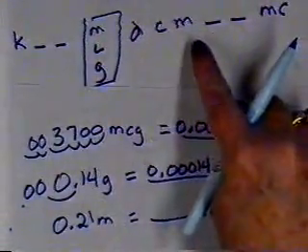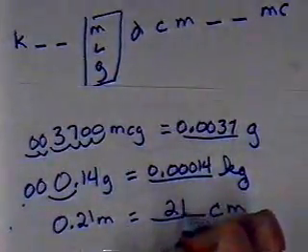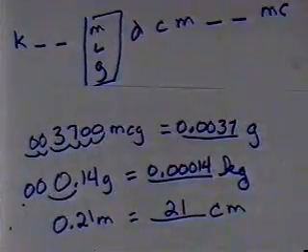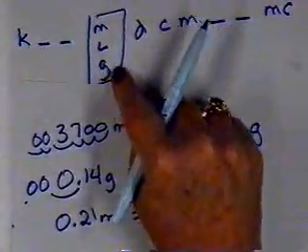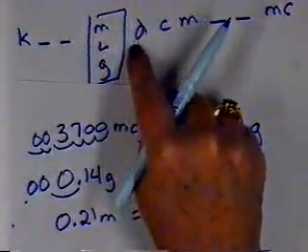Meter to centimeter is 1, 2 to the right, 21. Meters to centimeters, 1, 2.